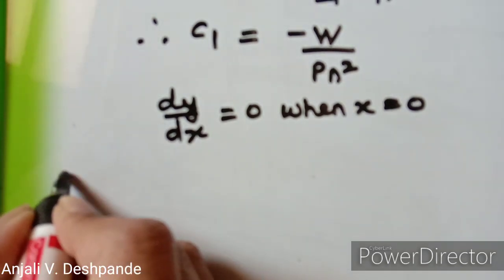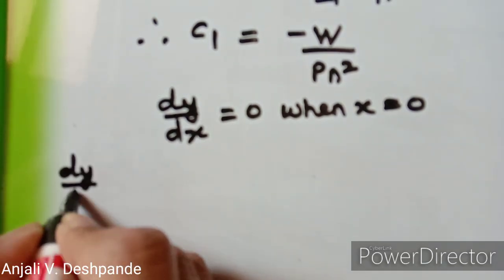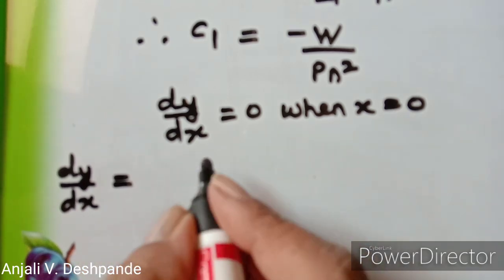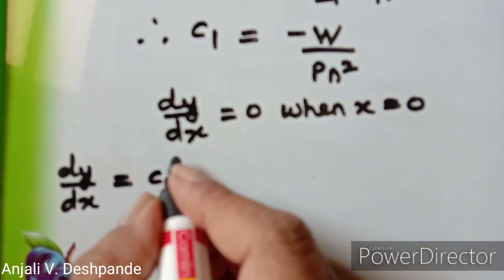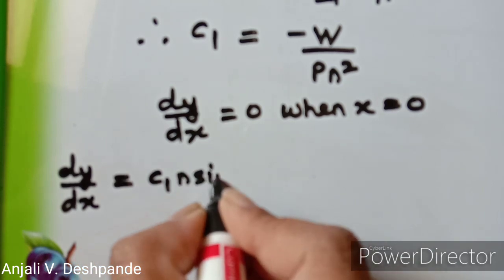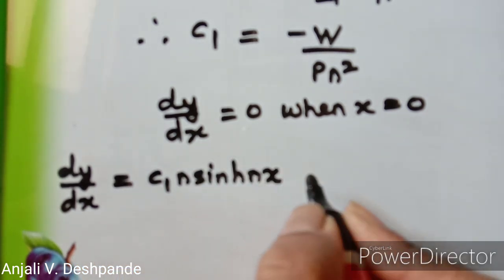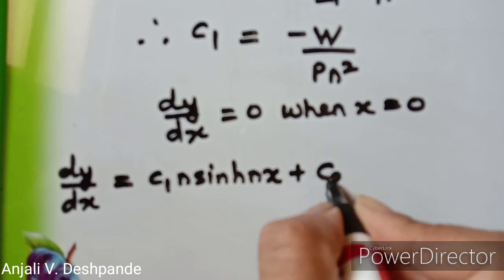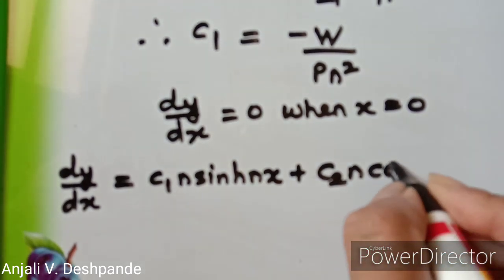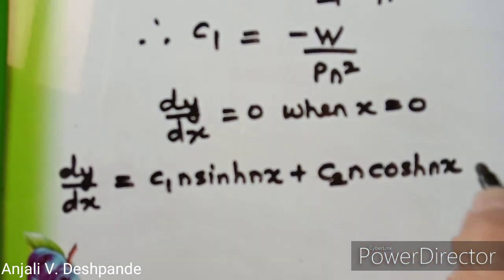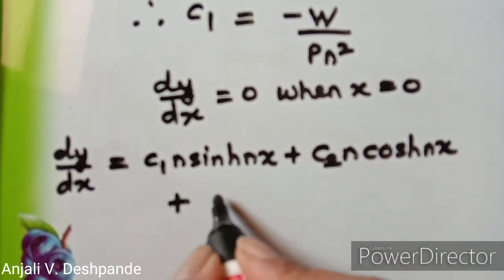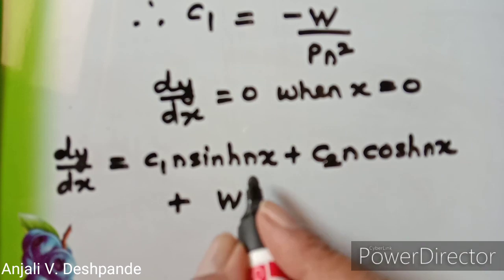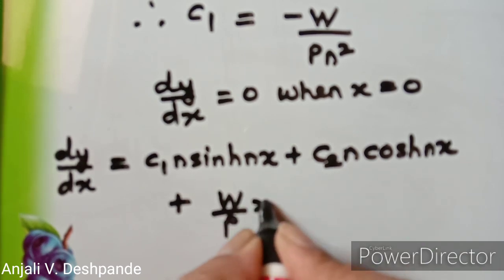So dy by dx is equal to the derivative of the hyperbolic function, C1 n sinh nx plus C2 n cosh nx, plus W upon p into x.